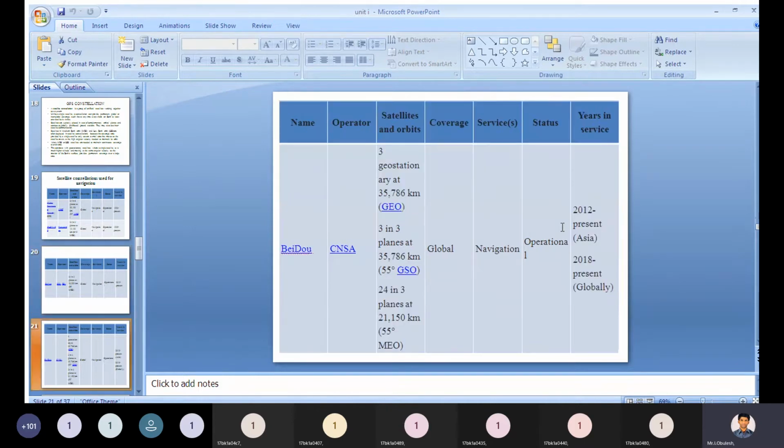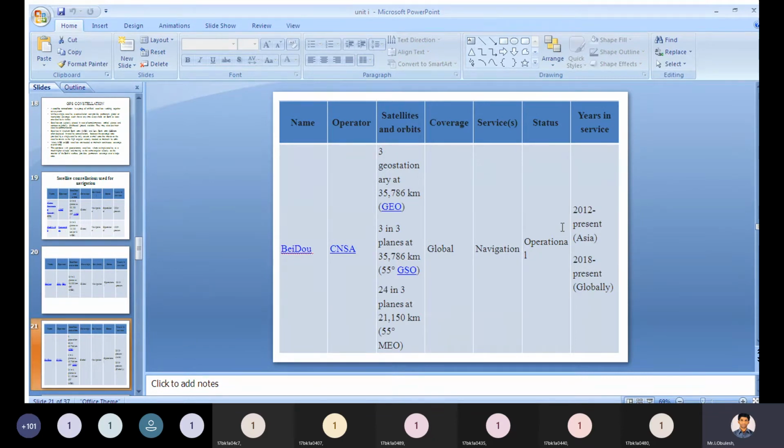Coming to the next one, BeiDou. Who is the owner of BeiDou? China is the owner. The operator name is CNSA.